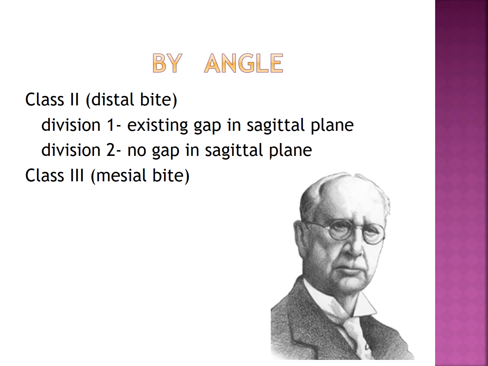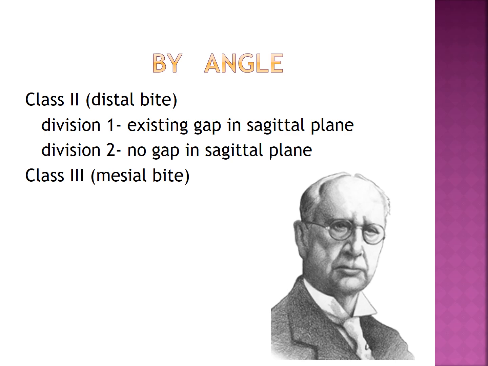Classification by Angle. Angle called distal bite second class, and divided this pathology into two divisions. Division 1, existing gap in sagittal plane, and Division 2, no gap in sagittal plane.